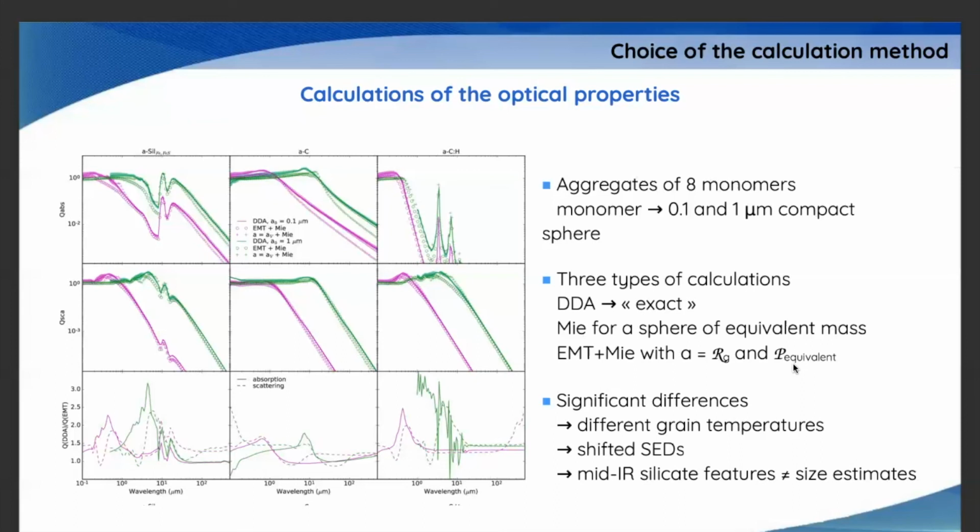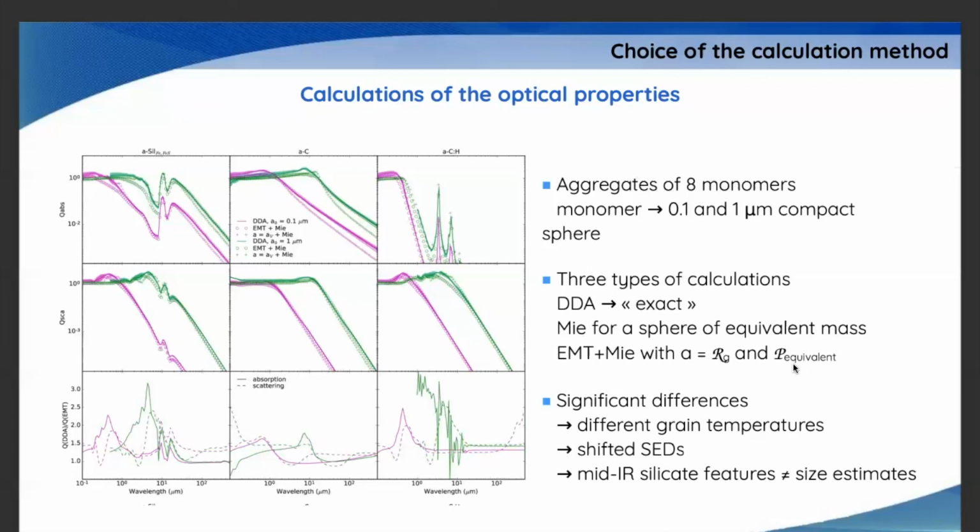Here I plotted that for silicates, carbon poor in hydrogen and carbon rich in hydrogen. You have absorption efficiency, scattering efficiency, and a ratio of the exact method, DDA, divided by the other method, so Q over Q. What you see is that if you use a sphere, it's really bad, completely off.